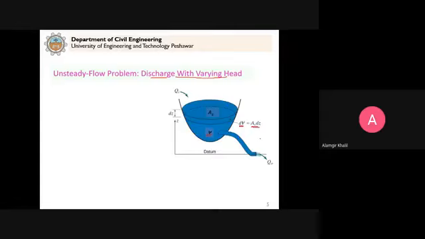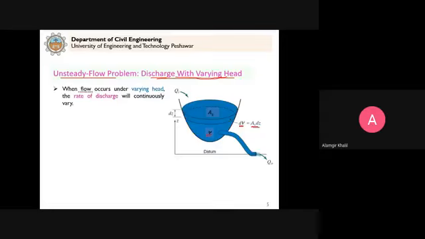Now you understand the different notations we are using for the different variables. So now we discuss discharge with varying head, because when the head is changing, the discharge will change, as I showed you earlier. This is essentially an example of an unsteady flow problem.